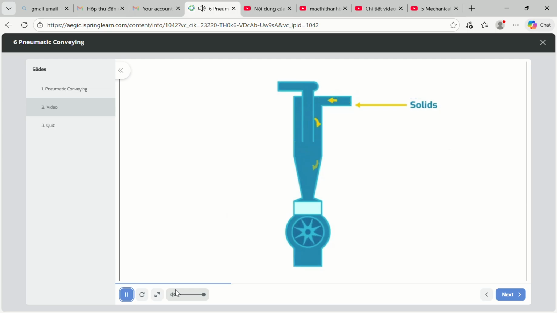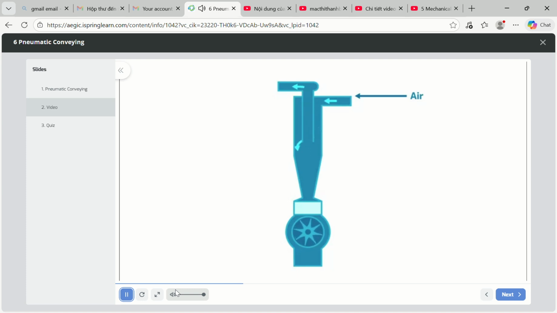The tangential motion causes solids to spin around the internal walls of the cyclone. The air entering a cyclone also spins but is unable to pass out of the bottom of the cyclone and exits upwards into the manifold.